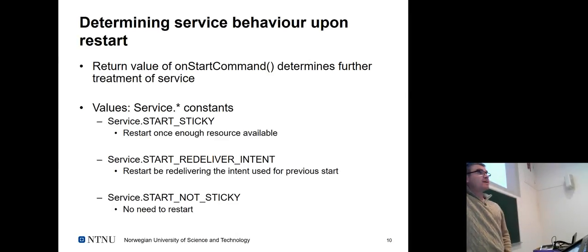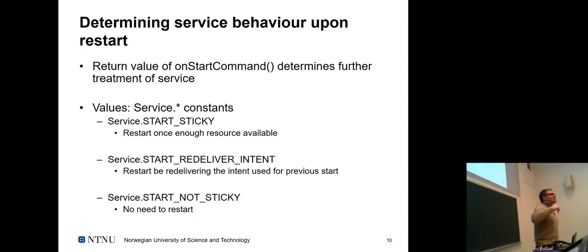If the service needs to be killed because we're running out of resources, restart it as soon as you can, as soon as you have available resources. If you have START_NOT_STICKY, it means the service is dead, and we'll try it again another time. But we don't require the system to restart the service. And the third option is START_REDELIVER_INTENT. So basically it means restart the service the same way it was started originally. So those are the three ways of dealing with this.